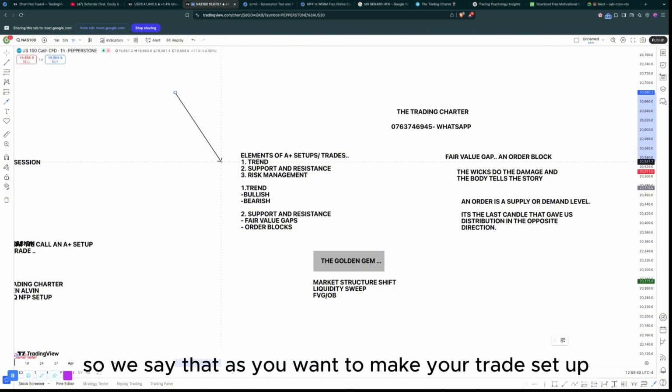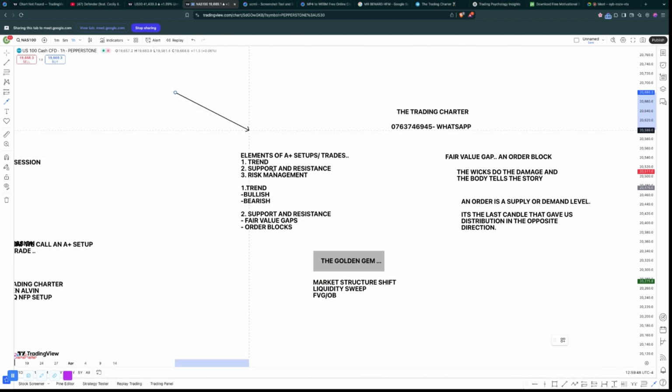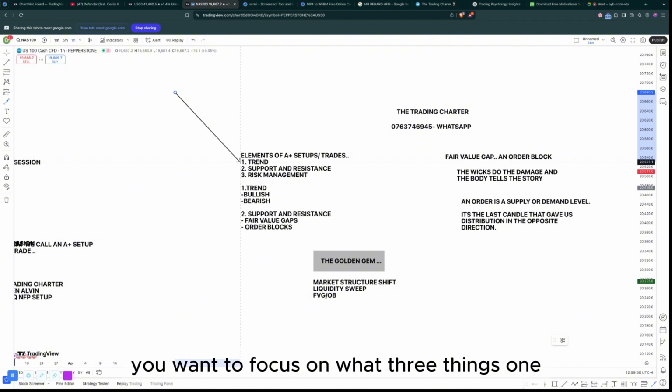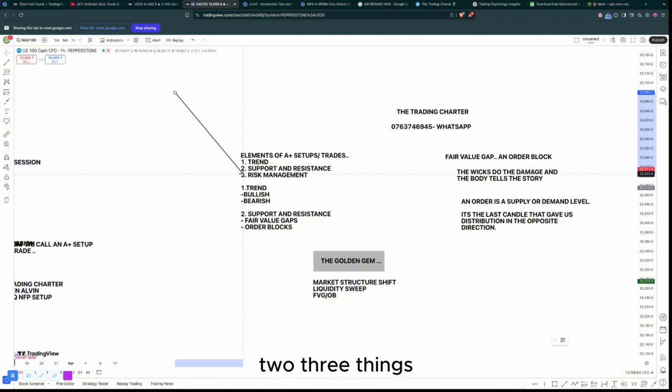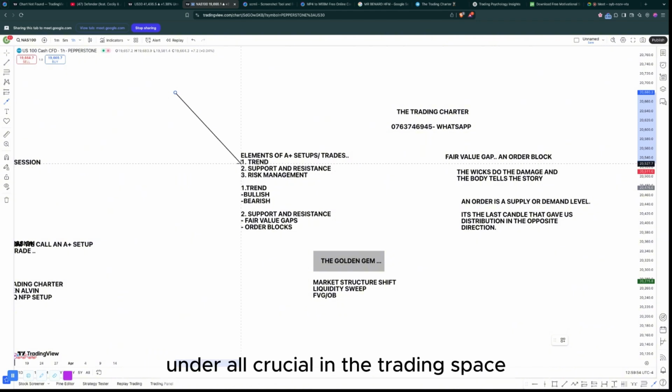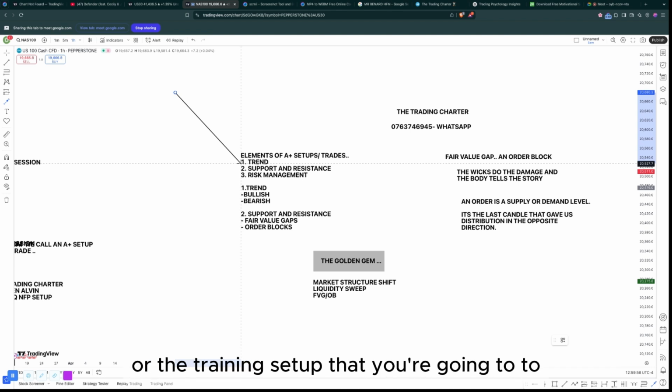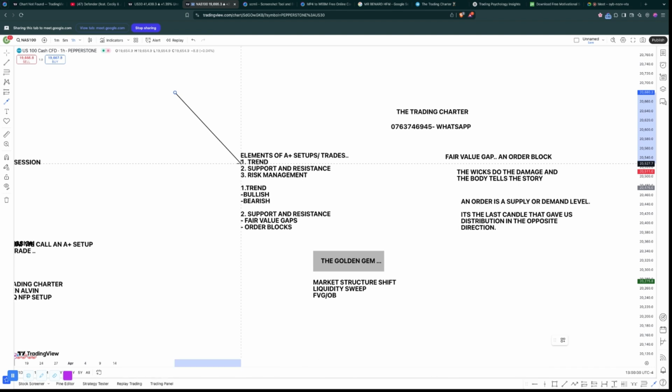So we say that as you want to make your trade setup, you want to focus on three things, and they're all crucial in the trading setup that you're going to form. Number one is you need to have the trend.